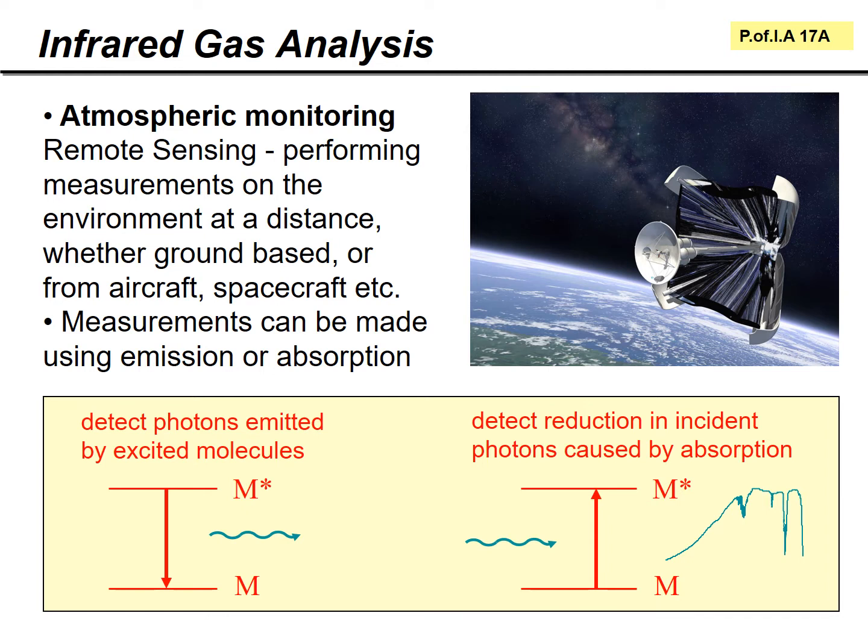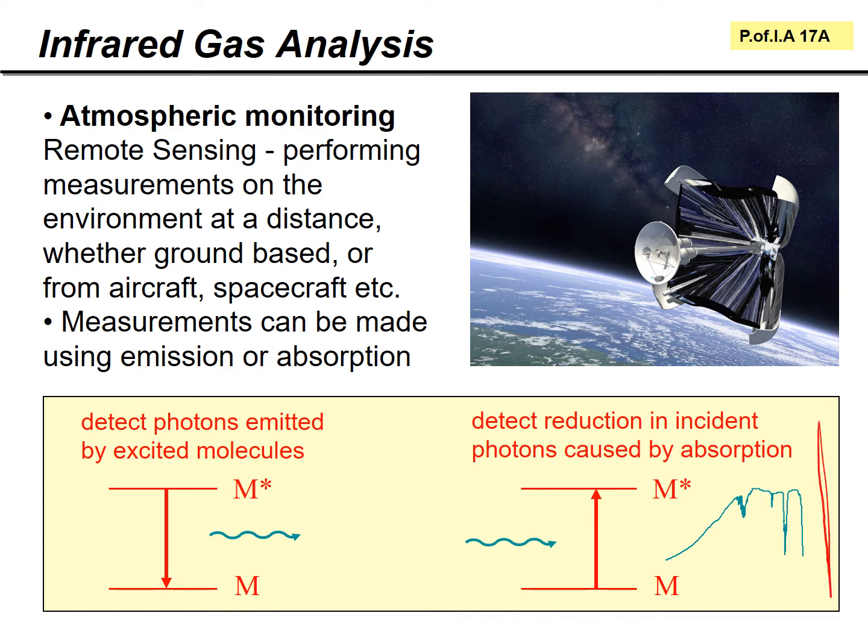Here's one way to do gas analysis using infrared. You can do it either by emission or by absorption. So we've been talking a lot about doing infrared absorption, and that's the example we've got over here on the right.